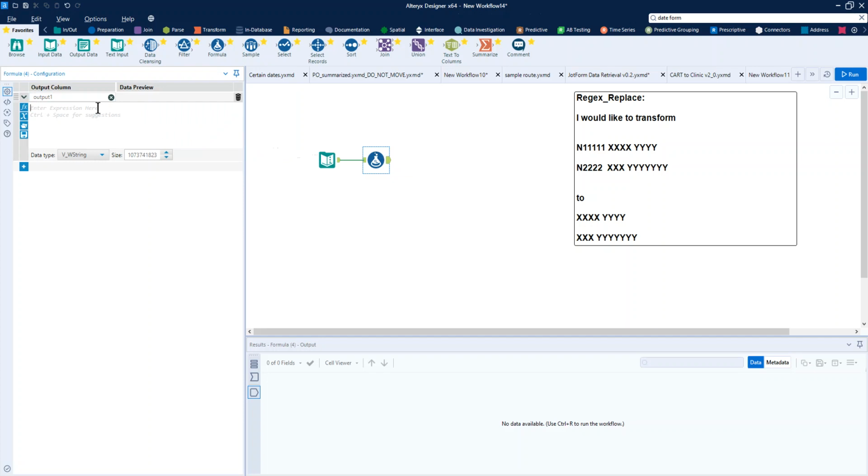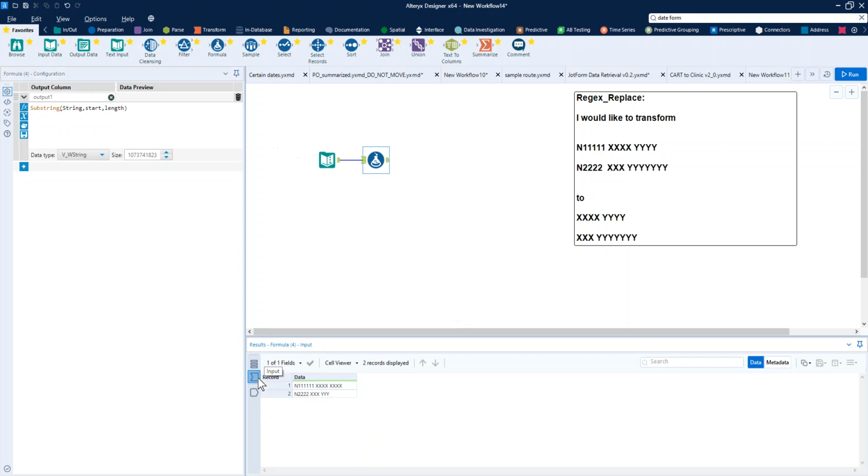And what I'm going to do is a substring. What's really a good idea is to use the input so you can see the data here. The string is data, and it's going to start at, and this is magic, find string. What string are we looking at?